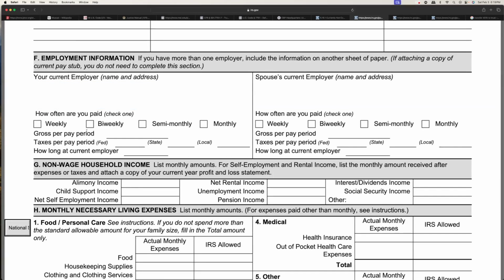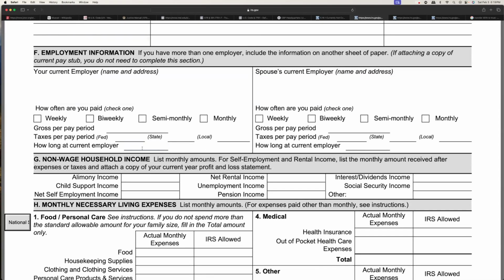So I would put NA, NA, NA, NA, pay period NA. And then over here, for the taxes, you're going to put exempt, and for the state exempt, and for the local county taxes exempt. How long at current employer? NA. We're not reporting anything for our spouses, so leave that alone.